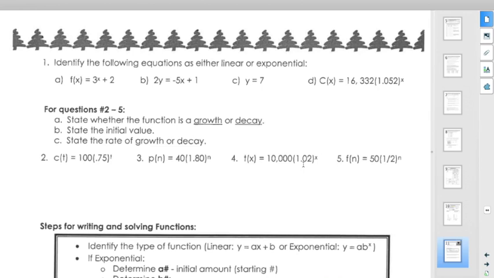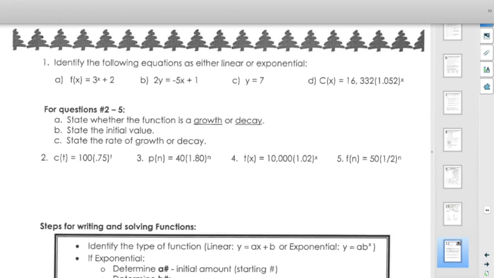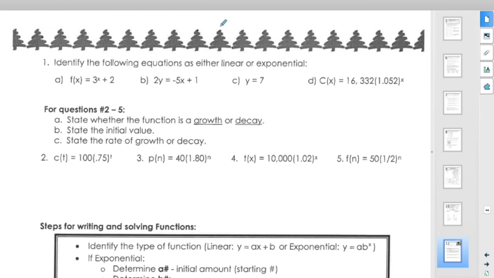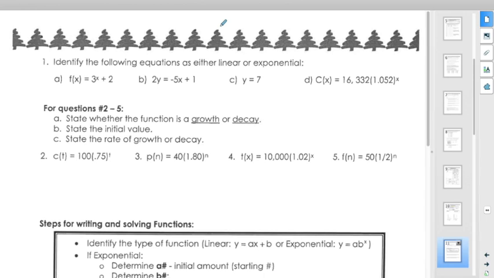Okay, identify the following equations as either linear or exponential. Let's do it. This first one is definitely going to be exponential. And why is it going to be exponential? Well, it's 3 to the x plus 2. That tells me the x as the exponent has to be exponential.